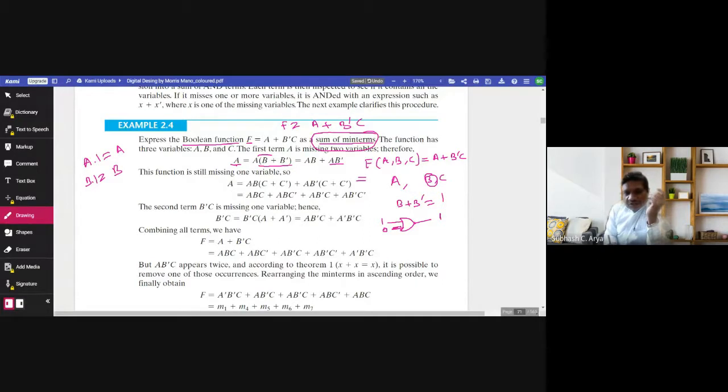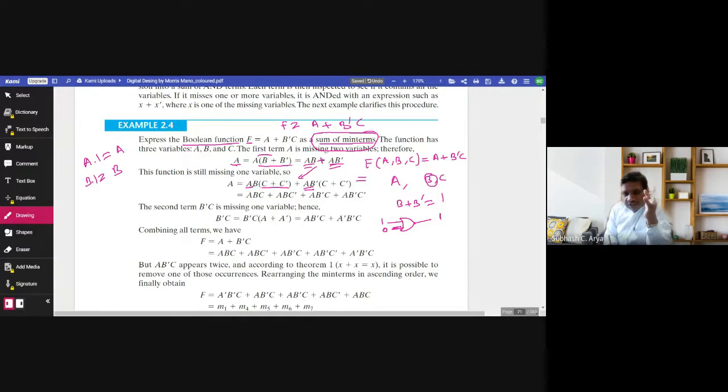Now still one more variable is missing, that is c. Apply the same principle in this as well as in this. So ab multiplied by 1, which is represented by c plus c bar, plus this one ab bar, we are writing like that, and multiplied by 1 represented by c plus c bar. Now expand.